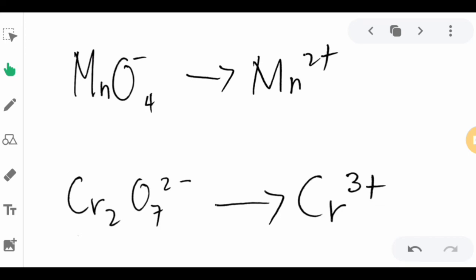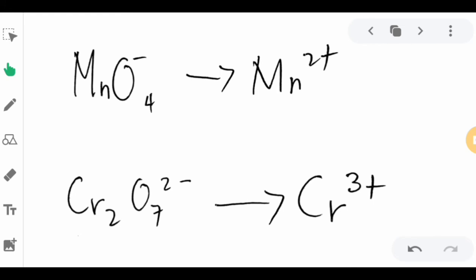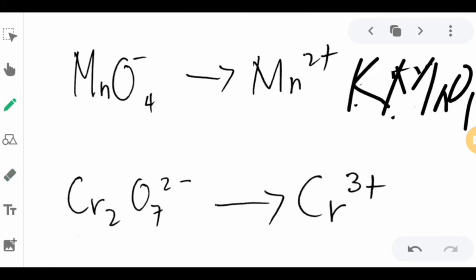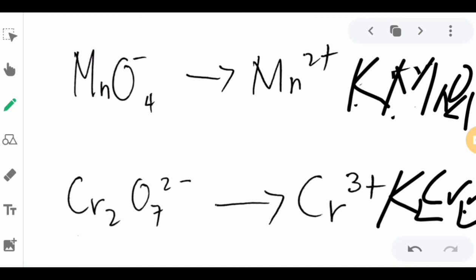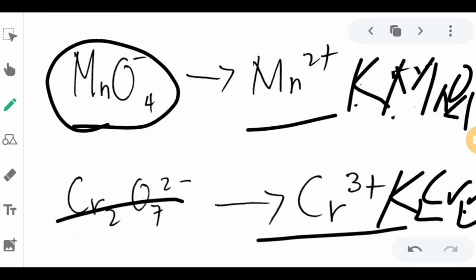The two common oxidizing agents are potassium permanganate and potassium dichromate, KMnO4 and K2Cr2O7. KMnO4 is purple, and when it is reduced, it becomes light pink, while K2Cr2O7 is orange to yellow, and that will become green in color.